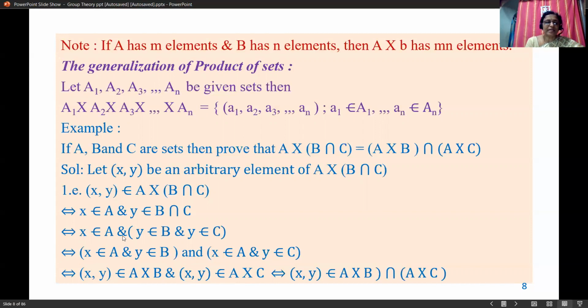So x belongs to A and y belongs to B and y belongs to C. Since y belongs to both B and C, it belongs to its intersection. And therefore x belongs to A and y belongs to B intersection C implies the element belongs to A cross (B intersection C). And therefore we can easily say that A cross (B intersection C) is equal to (A cross B) intersection (A cross C).